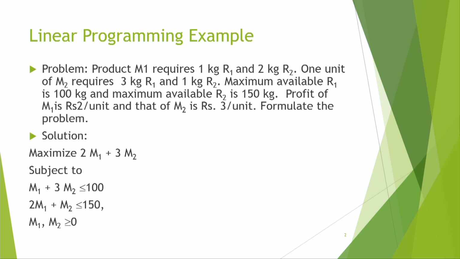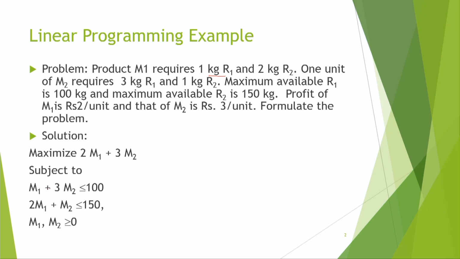Why? Because for making 1 unit of M1, I need 1 kg of resource R1. Suppose I concentrate on resource 1 first. Product M1 needs 1 kg of resource for making 1 unit.